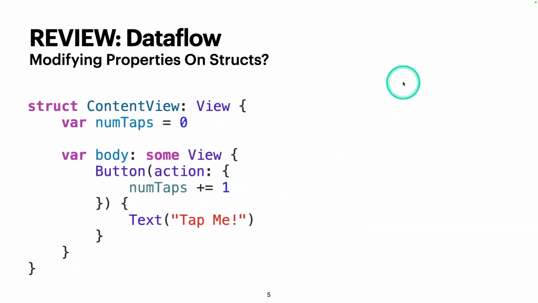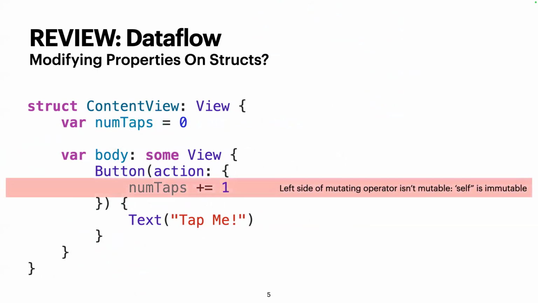Given this example right here, we have this variable numTaps and it's set to 0. And in the body we have this button that when we tap on it, we want to increment numTaps by 1. If we do this, we recall that this is not possible because the compiler will throw this error saying left side of mutating operator isn't mutable. Self is immutable.